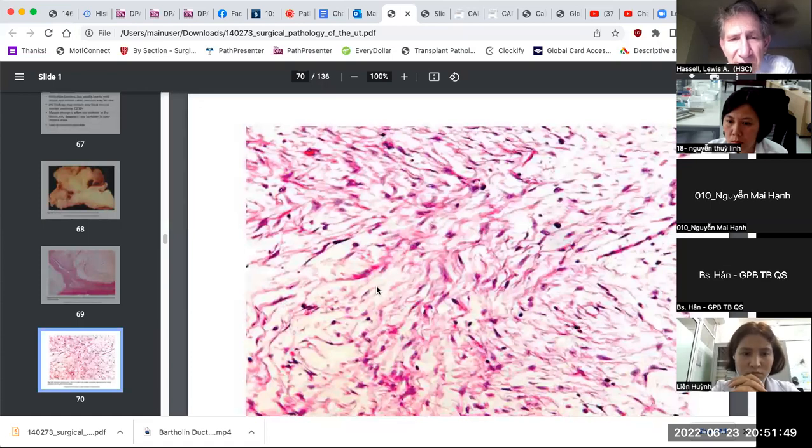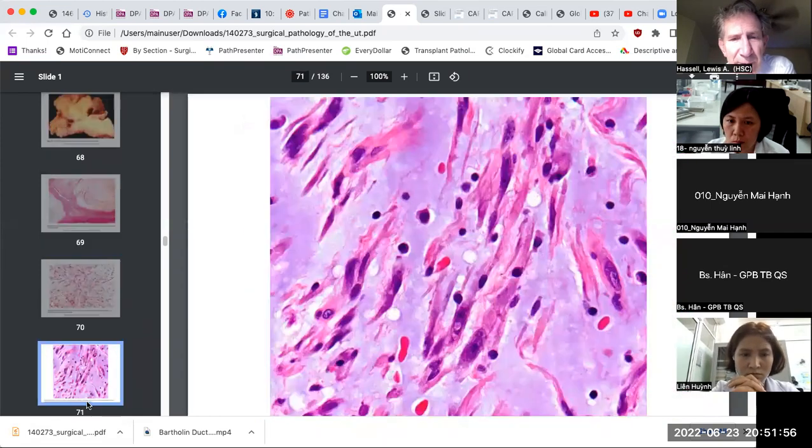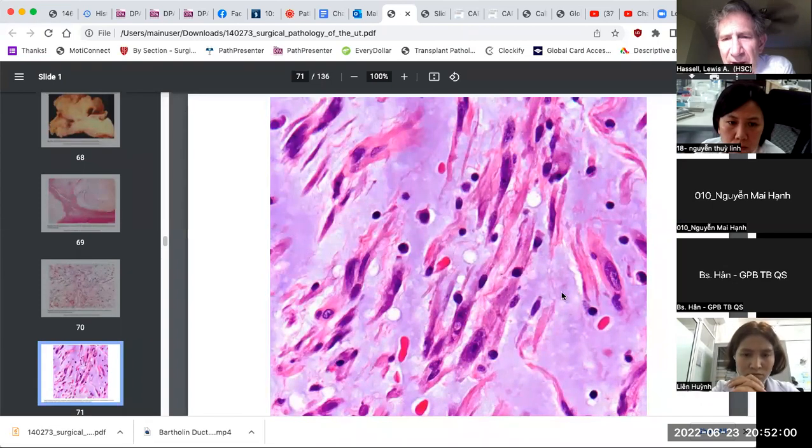Here you see there's not a high degree of atypia. There is a mitotic figure there. And in some, you'll see this very characteristic bluish myxoid material. And here you can see at high magnification a higher degree of atypia than what was in those earlier photographs.